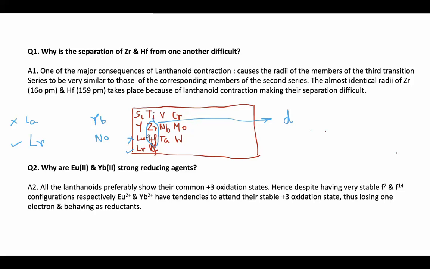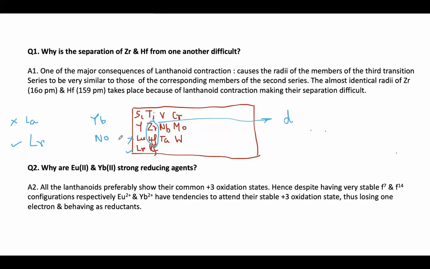So here we have 14 elements, and here also we have 14 elements. So they are popularly known as the lanthanides and the actinides.